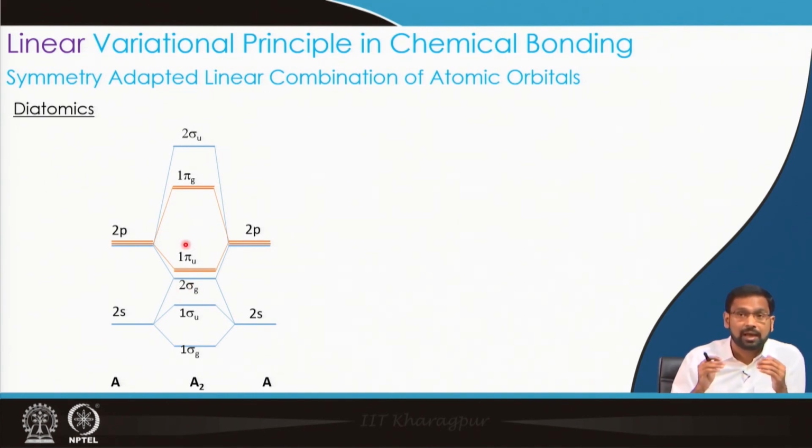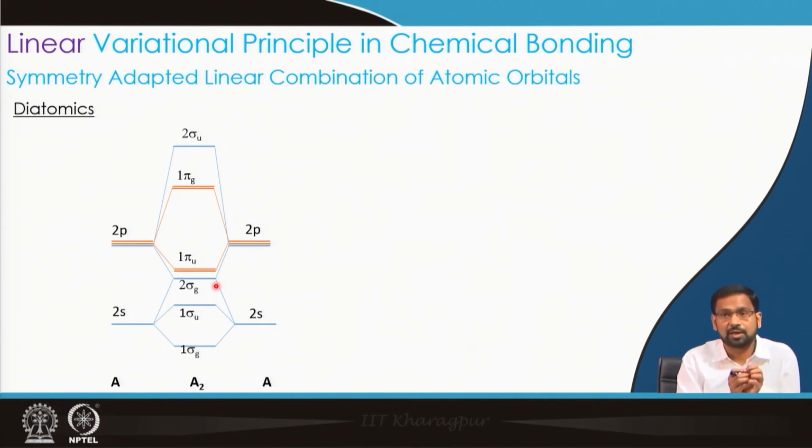Mind you, I can identify these two orbitals very well because they are outcomes of two separate calculations, right? And the particular ordering that I show here is followed for oxygen and rightwards, that means oxygen, fluorine and neon.